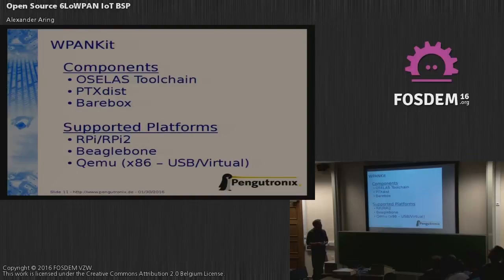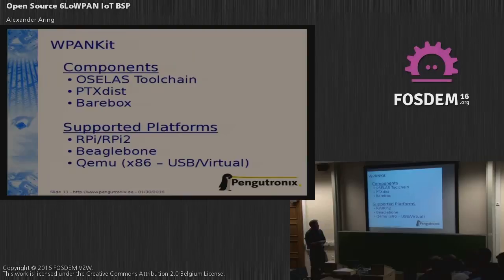It also offers interfaces for autotools or CMake to make the right environment variables to cross-compile your stuff for the Raspberry Pi, for example, and it also uses Barebox, that's a bootloader for Raspberry Pi and Raspberry Pi 5.